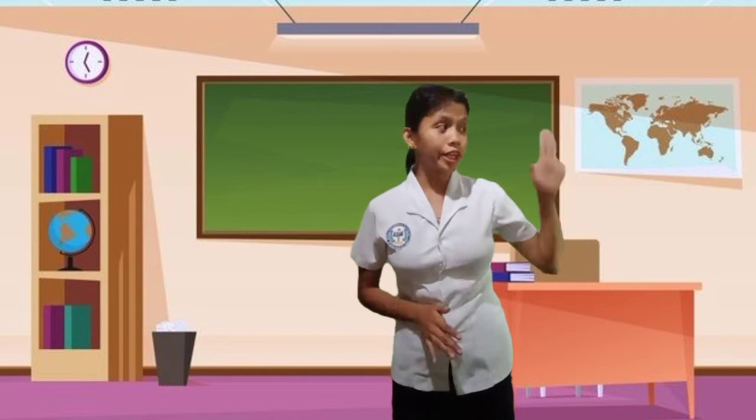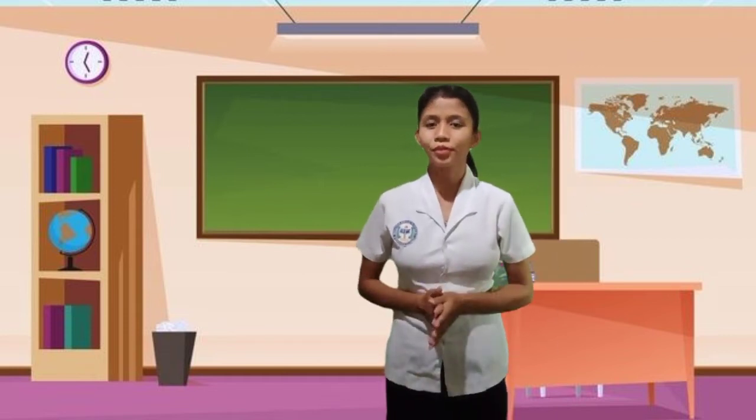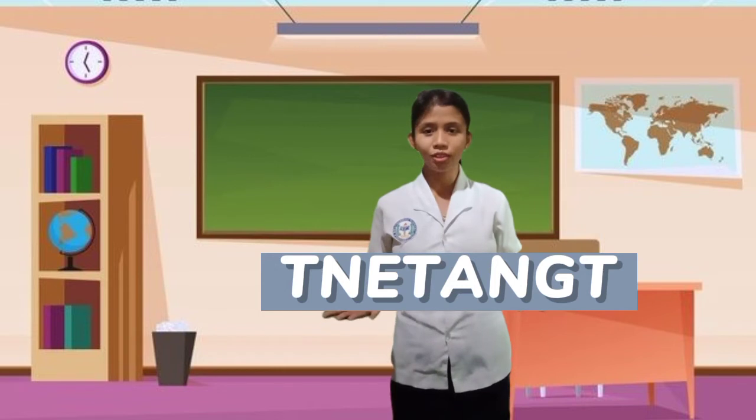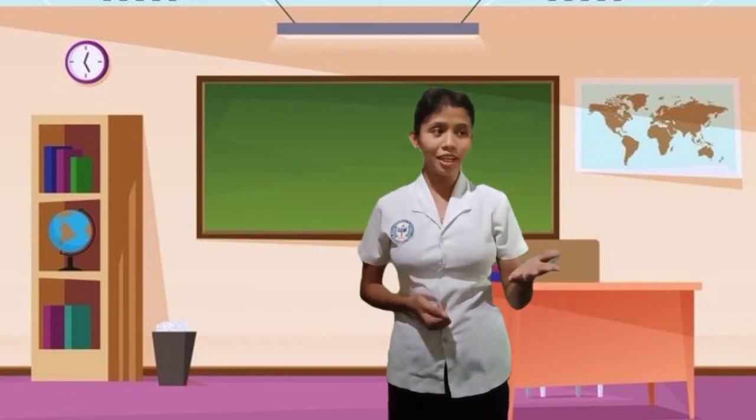Before we proceed to our lesson, let's have a game. Do you like playing games? I think you are. Okay, this game is called the Jumbled Letter Game. Please raise your hand if you want to answer. Are you ready now? Arrange the letters to form the correct words. 1, 2, 3. Yes, Anna?